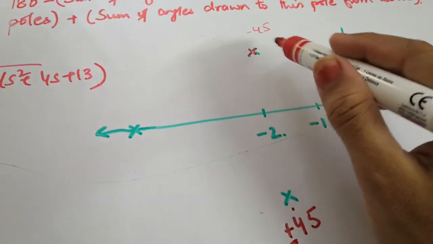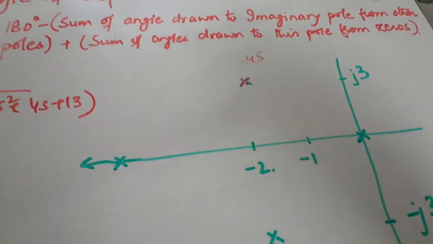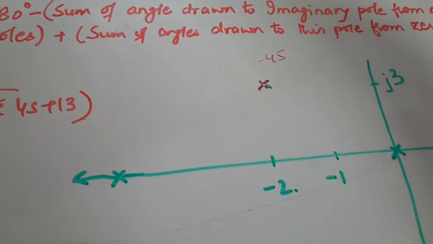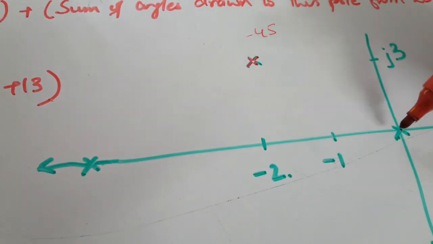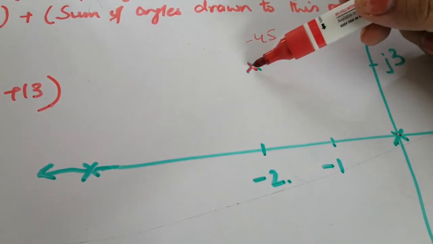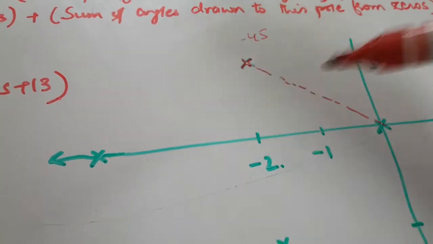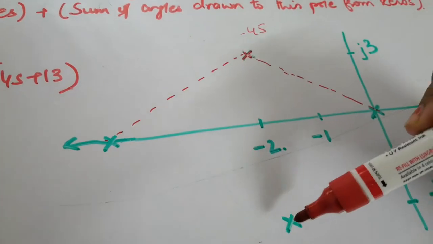So we need to only calculate the angle of departure of a single complex pole. So now according to this, we have to take a scale and mark the lines that subtend to this pole, because we want to calculate what is the angle of departure. So we are going to subtend the lines using a scale with this particular pole.